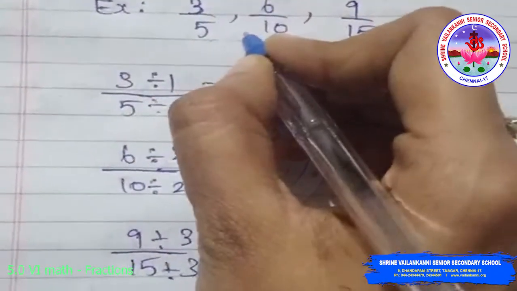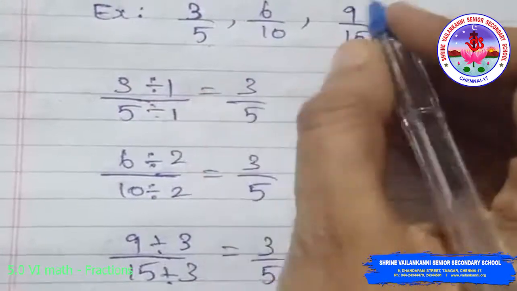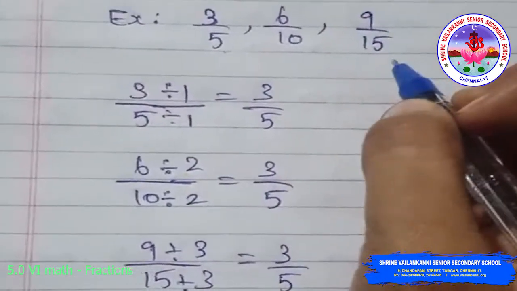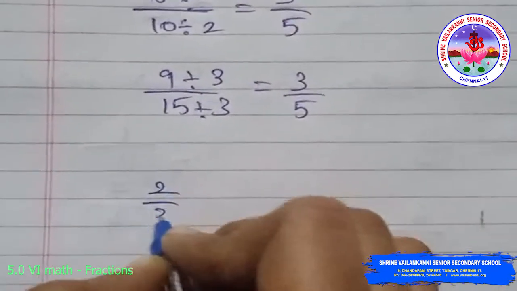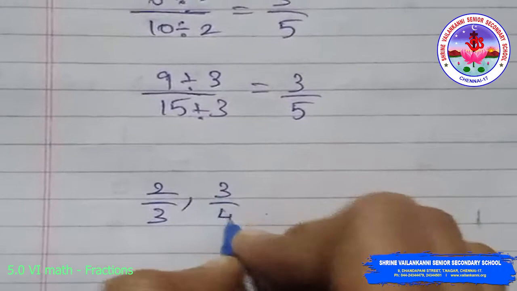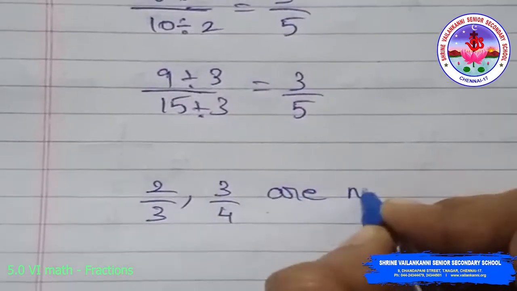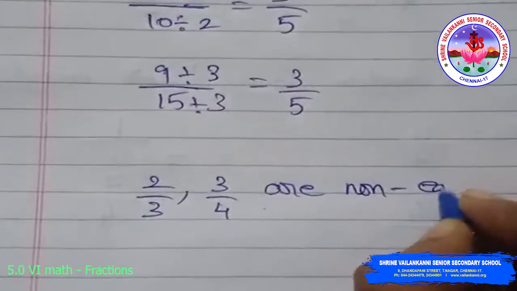These fractions are equal. 3 by 5 is equal to 6 by 10, and 6 by 10 is equal to 9 by 15. These are the equivalent fractions. Non-equivalent fractions: 2 by 3, 3 by 4 are non-equivalent fractions.